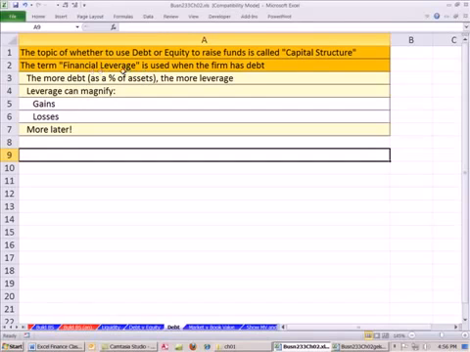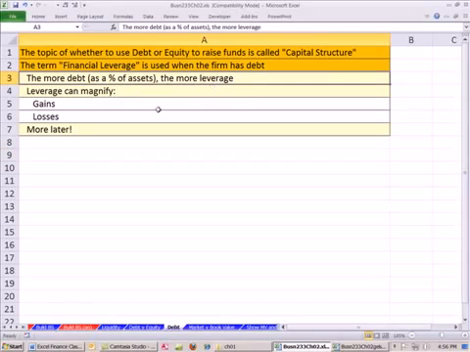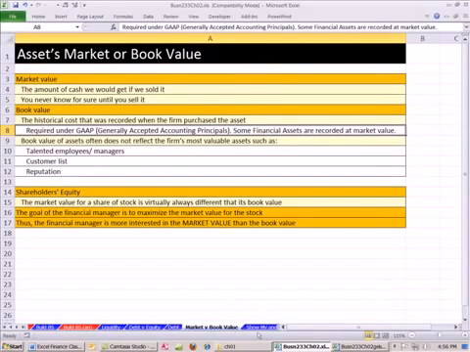But leverage is the word they use. Next chapter, in chapter 3, when we do financial ratios, we'll have ratios that will tell us how much leverage we're using. The more debt as a percentage of assets, the more leverage. And leverage can magnify gains and losses. More later on that.